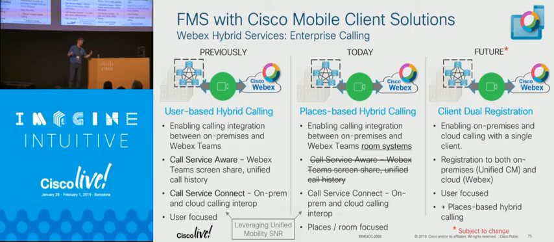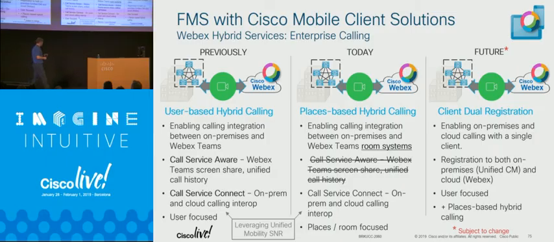And then if it's outside the enterprise or I don't need Jabber calling, I can register to the cloud for cloud calling capabilities. So as a result, we've shifted from hybrid calling and that calling integration with Call Service Aware, Call Service Connect, to leveraging that simply for our room systems, and then all of our user-based client types of things leveraging this concept of client dual registration.